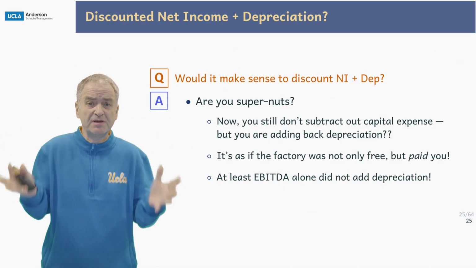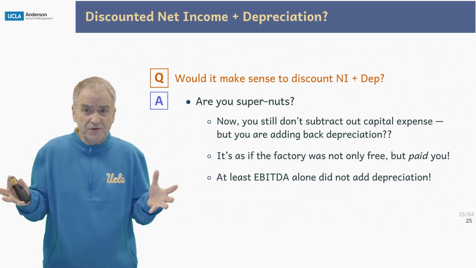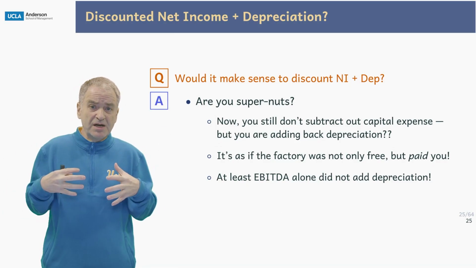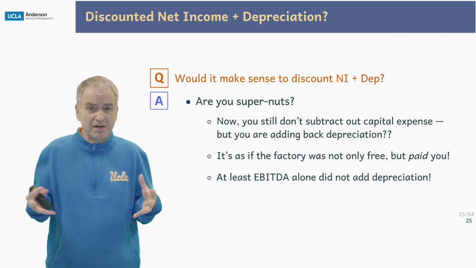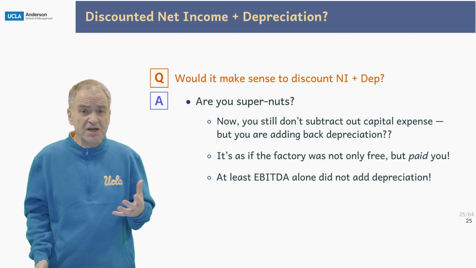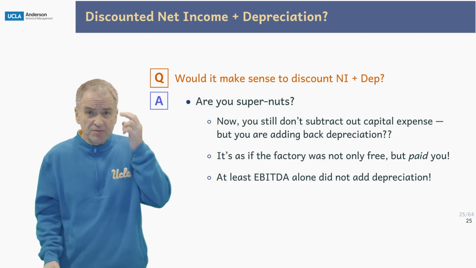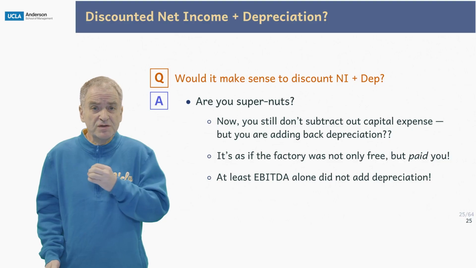You didn't even have to build the factory paid you. So not only was it free, you got extra money from not having to build it. So at least EBITDA alone did not add depreciation. The idea of net income plus depreciation, which many people have in their head, is just super insane.